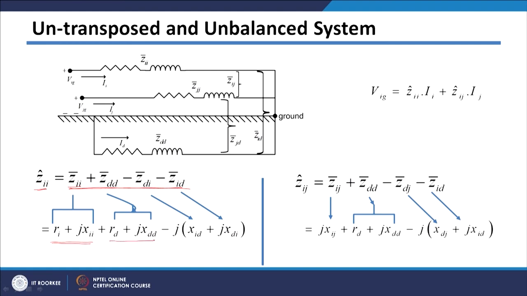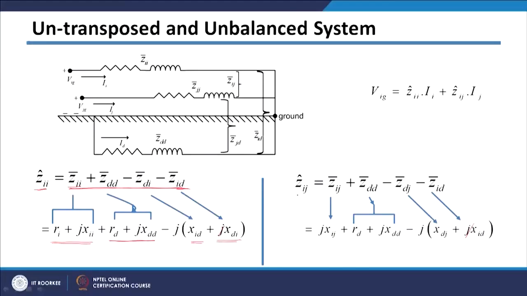Zdd will be nothing but the resistance of the earth and the reactance of the earth. Zdi will not have a resistive part, so it will have only reactance, and Zid also, since it is mutual, will have only reactance. So, this j will not be there. So, Xid plus jXdi. In this case also there will not be j.